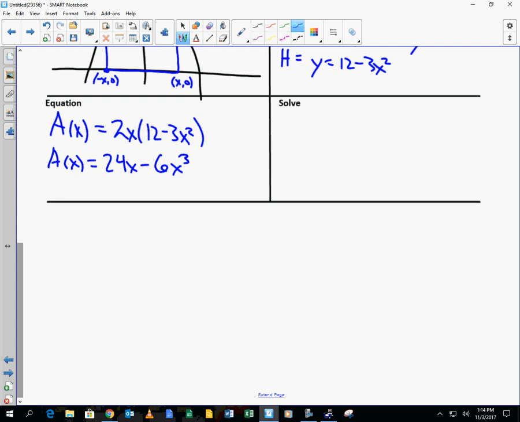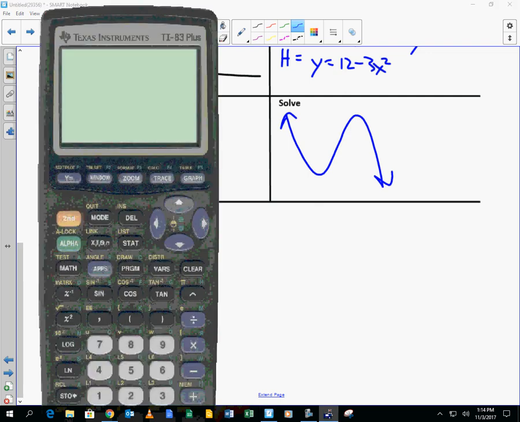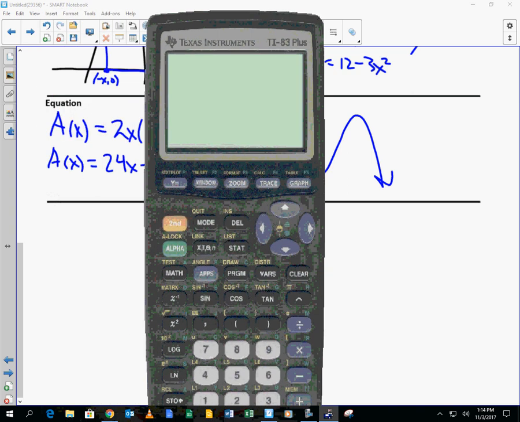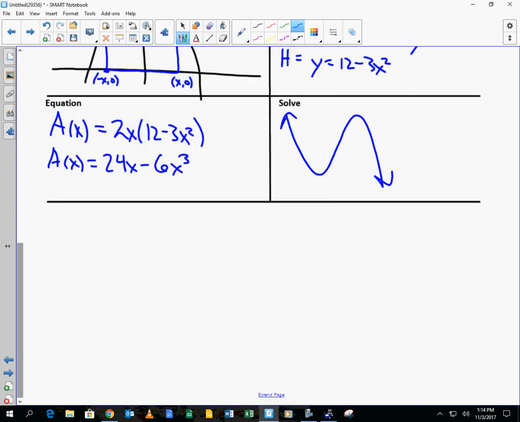Does that make a parabola? No. If it doesn't make a parabola, then we have to go to our calculator. This is the shape that it makes. It's still not a parabola. It's kind of like this, Grace.